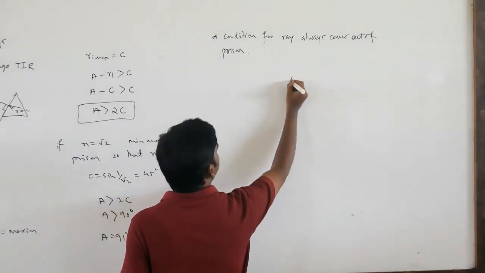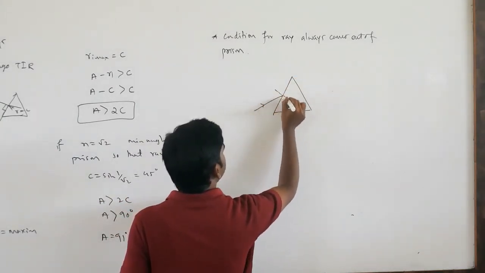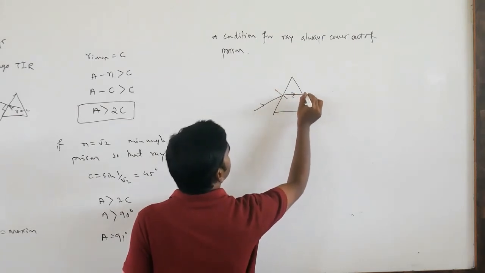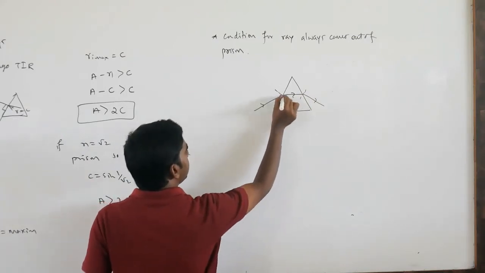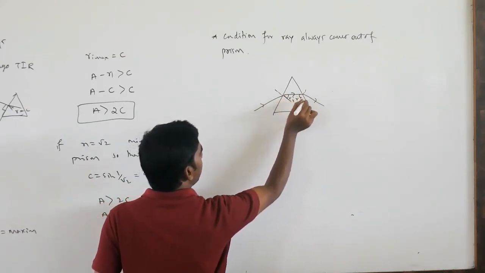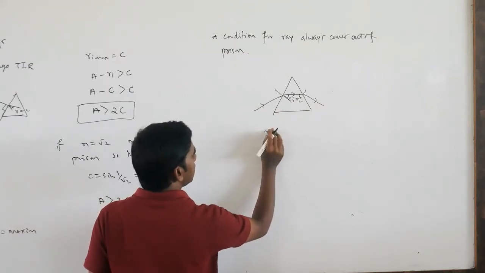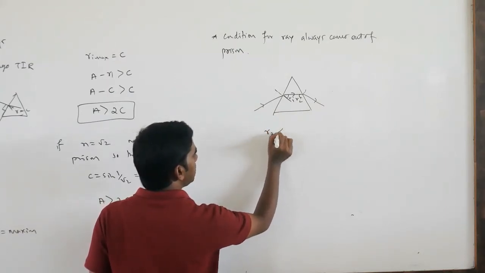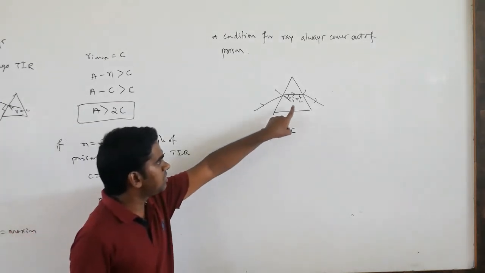So suppose this is your prism. This will come here. Ray should come outside. This is R1 and this is R2. Ray will come outside if and only if R2 is less than C.